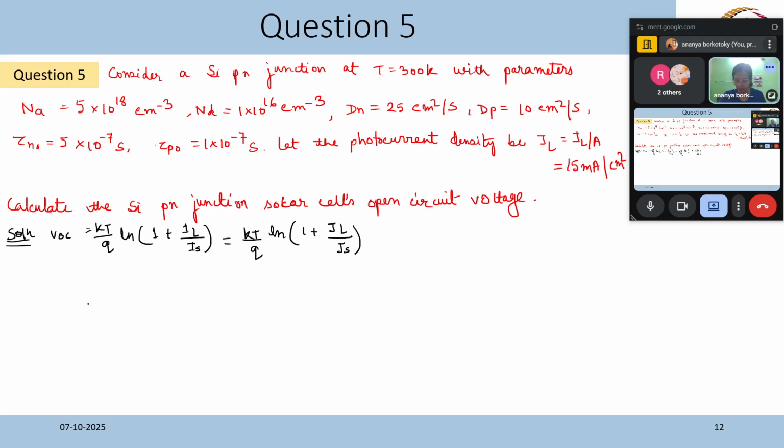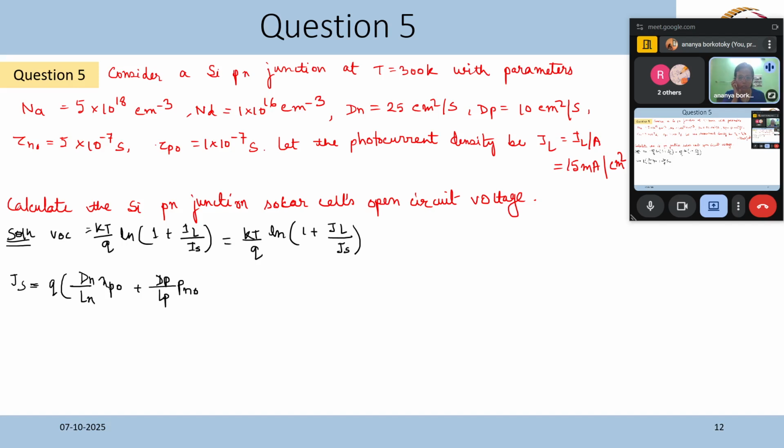So what is the expression for JS? You must have remembered it from the lectures of PN junction. So this is Q dN by Ln into Np naught, for electron diffusion, and then dP by Lp into Pn naught, for hole diffusion in the n side.